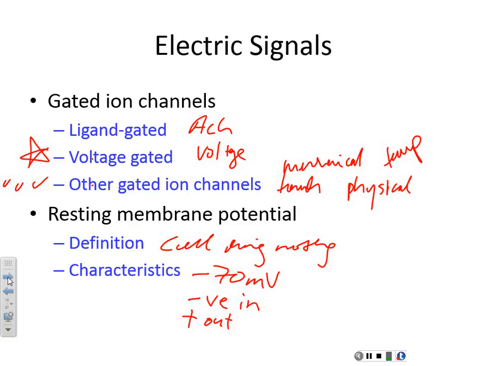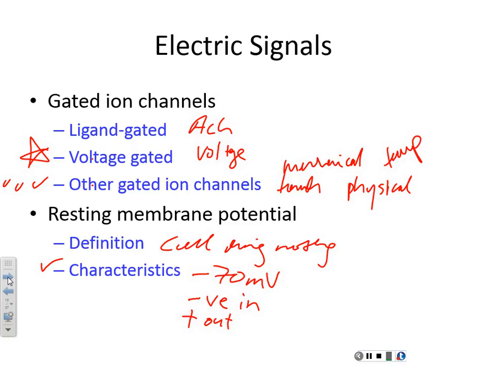There's a table that gives you all the characteristics for resting membrane potential. All those big negatively charged ions that do not have channels cannot exit the cell, so therefore the inside becomes more negative. Okay? And then again, like I said, there are more potassium leak channels, so potassium tends to leak outside, again making the inside more negative.